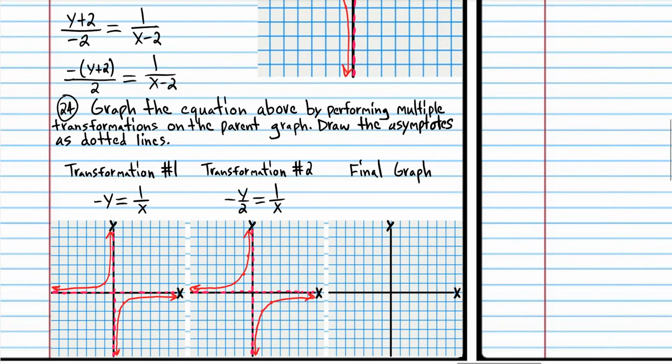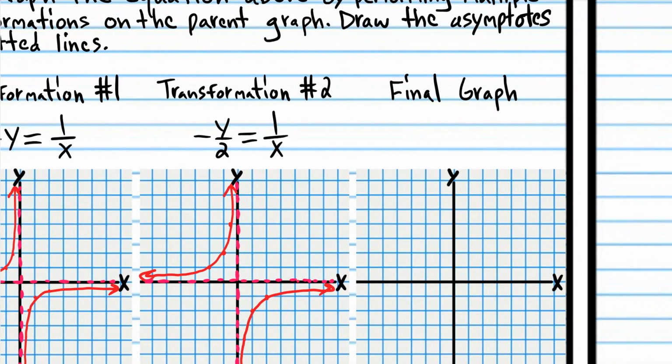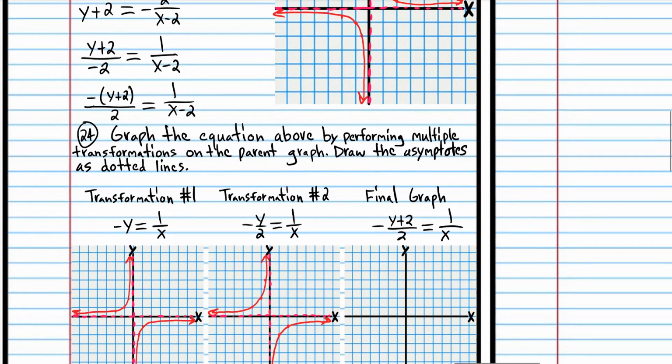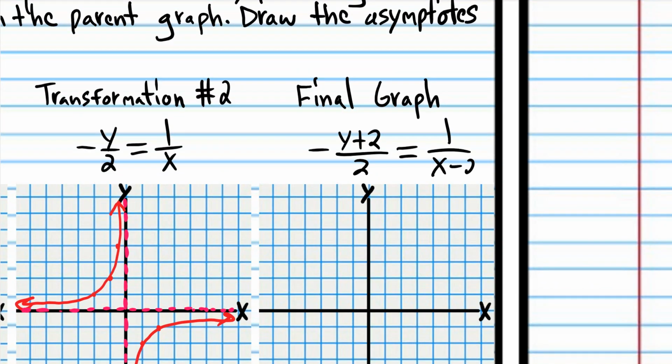So now we're going to replace y with y plus 2 and x with x minus 2. So we have negative y plus 2 over x minus 2. And if you write this negative next to the fraction symbol, you don't have to use parentheses.